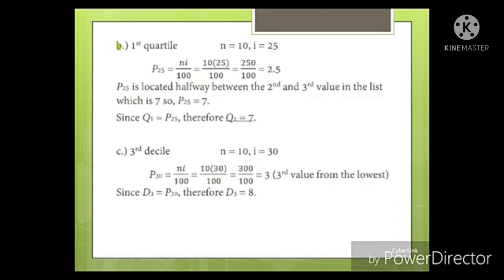After that, multiply 10 by 30, the answer is 300, then divided by 100, the answer is 3. The location of P30 is the third value on the list, which is 8. Since D3 is equal to P30, therefore D3 is equal to 8.